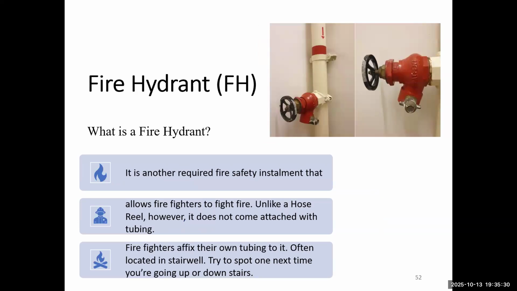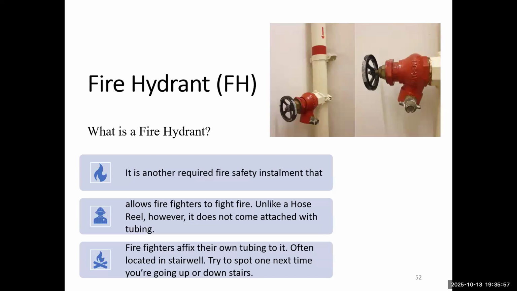And here we have this one. It is a kind of fire hydrant. So what is the fire hydrant? It is another required fire safety instrument. The fire hydrants are used by the trained fire service, so they are outlets in stairwells or lobbies. The firefighters are able to connect their hose to the fire hydrant.